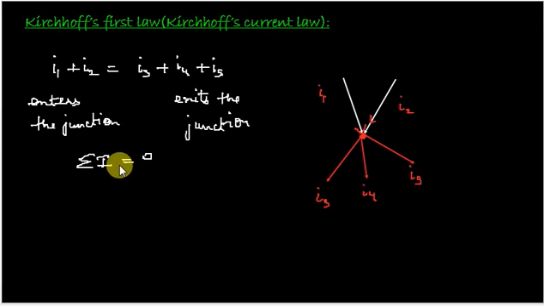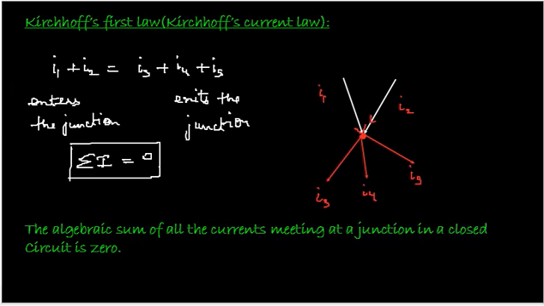So how can we state Kirchhoff's law? If you look at this expression, you can easily put it into words: the algebraic sum of all the currents meeting at a point or a junction in a closed electric circuit is 0. So let me write the statement. The algebraic sum of all the currents meeting at a junction in a closed circuit is 0.